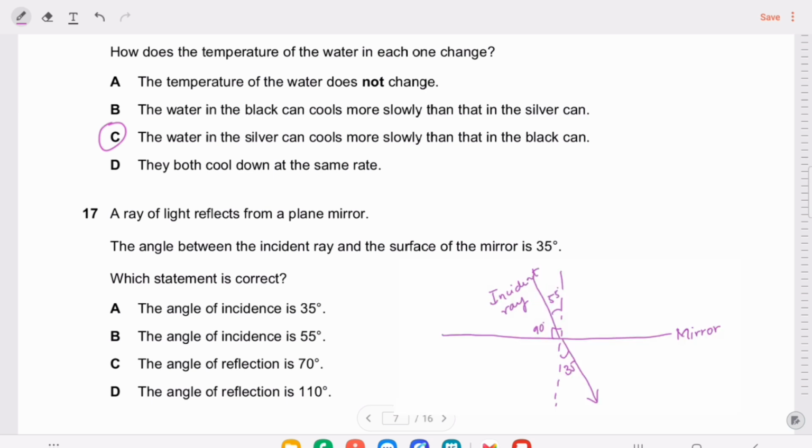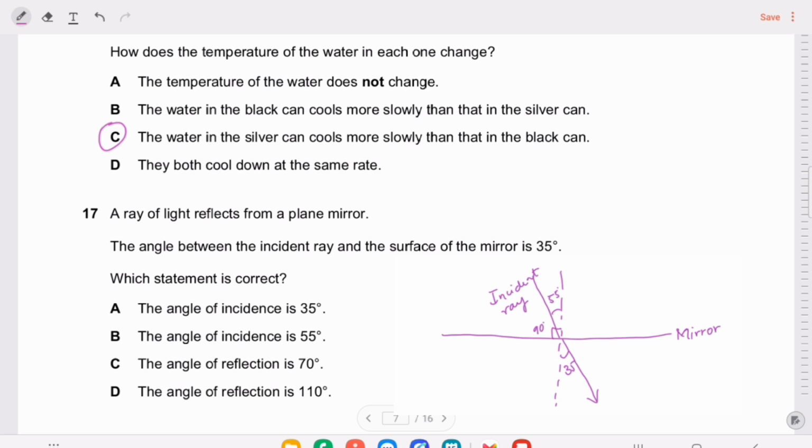The question tells us the angle between the ray and the mirror surface is 35 degrees. Many students stop here and immediately choose 35 degrees, but that's the trap. In reflection questions, the angle of incidence is never measured from the surface. It's always measured from the normal. The normal is simply an imaginary line drawn at 90 degrees to the mirror.